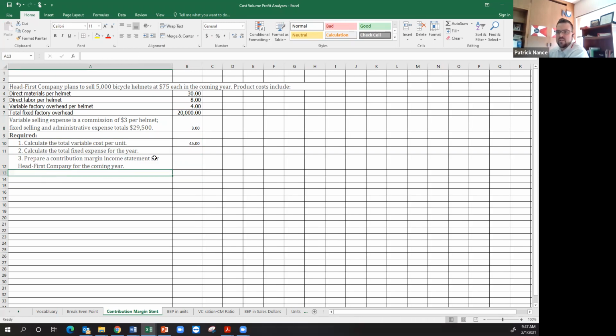Number 2 says calculate the total fixed expense for the year. And notice it doesn't say per unit, it just says the total fixed expense. I've got 2 numbers to add.